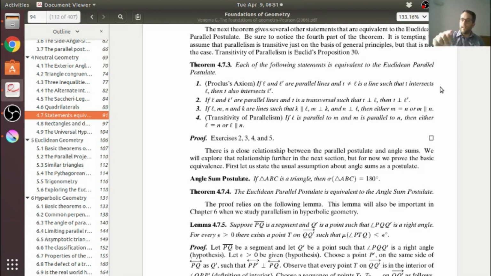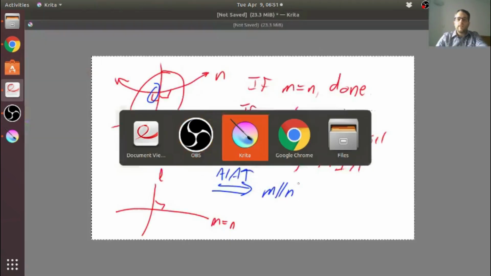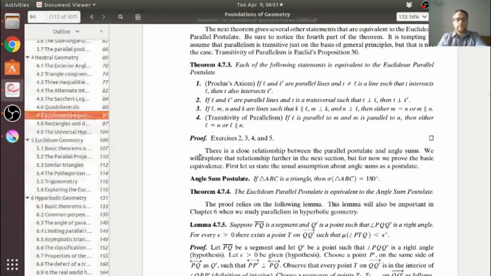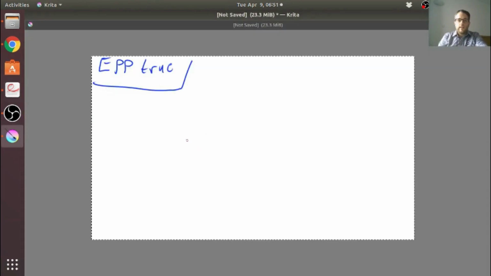This statement is not true in general. Right? The statement is not true in hyperbolic geometry. But if the Euclidean parallel postulate is true, so let's assume the Euclidean parallel postulate is true, I want to show the following. Okay, so I've got K and L are parallel lines.